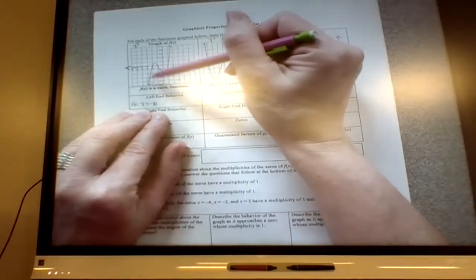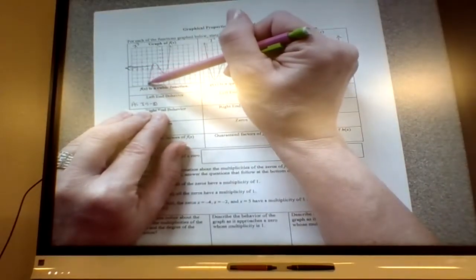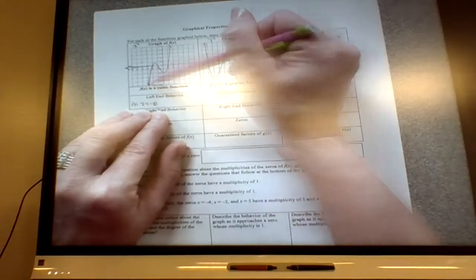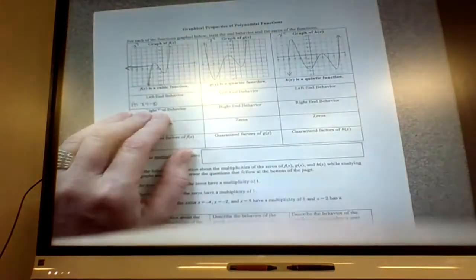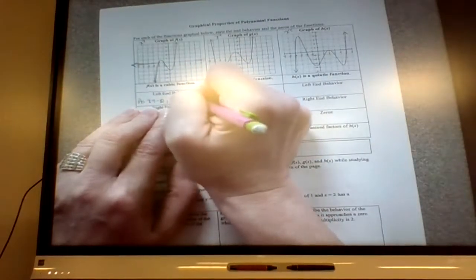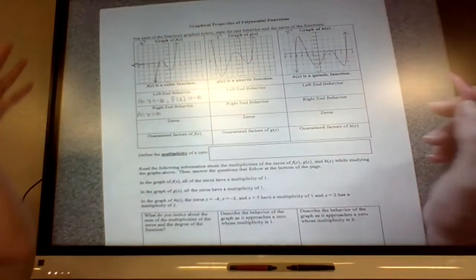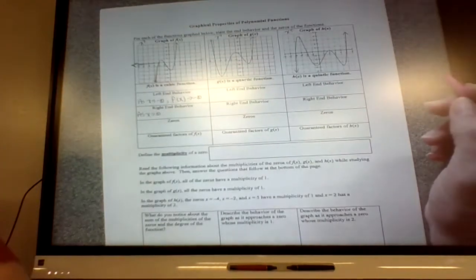Okay, so let's look at the left side. When x is negative, when x is going off this way, what's the graph doing? It's going down, and down is also negative infinity. F of x is going to negative infinity. Anything left or down is negative infinity.